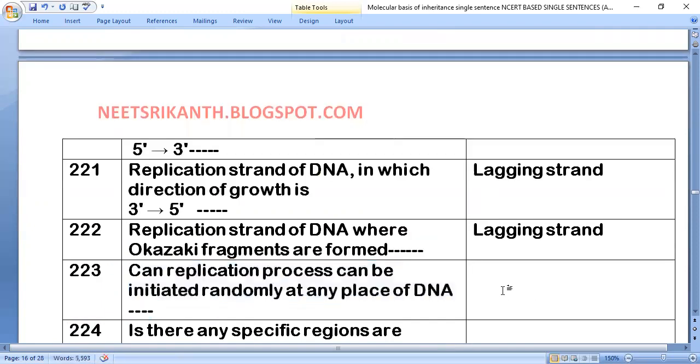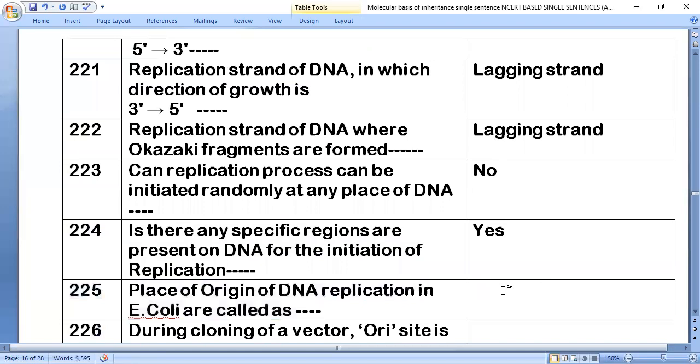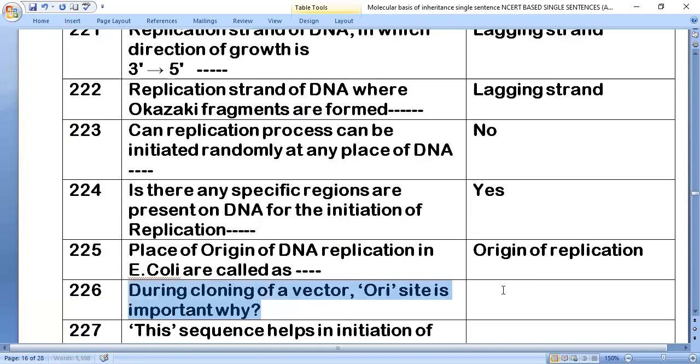Can the replication process be initiated randomly at any place on DNA? No. Is there any specific site present on DNA for the initiation of replication? Yes. The place of origin of DNA replication in E. coli is called the origin of replication, the ori site.